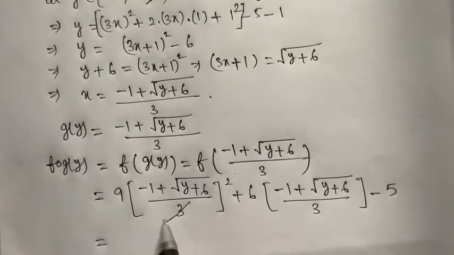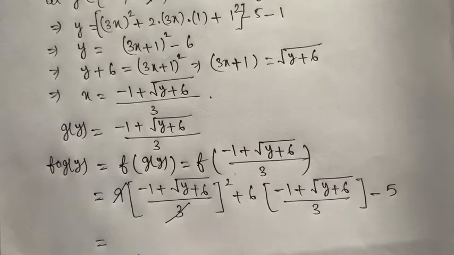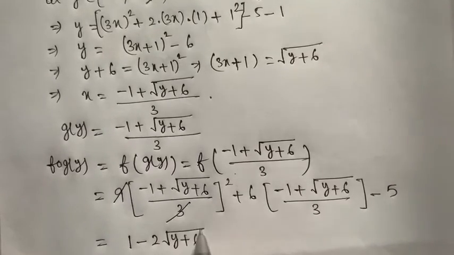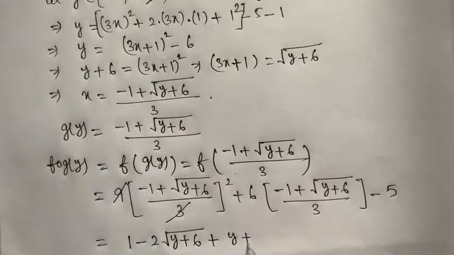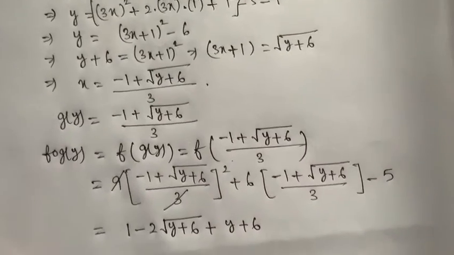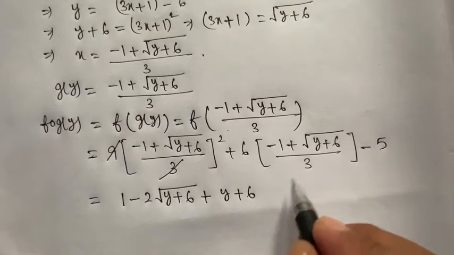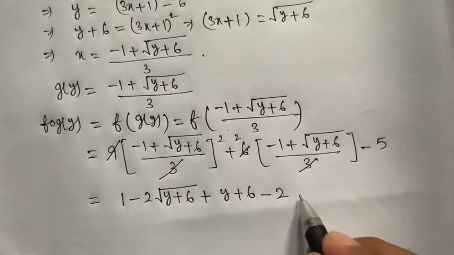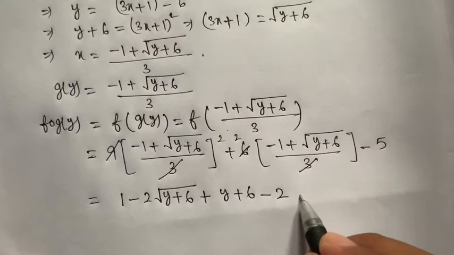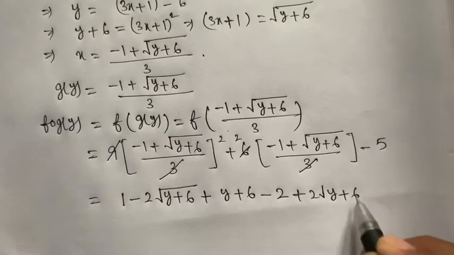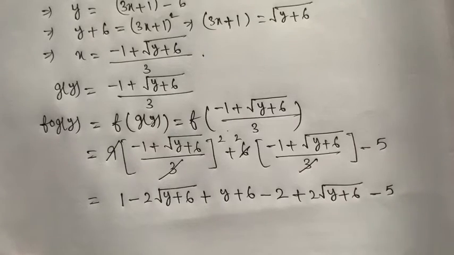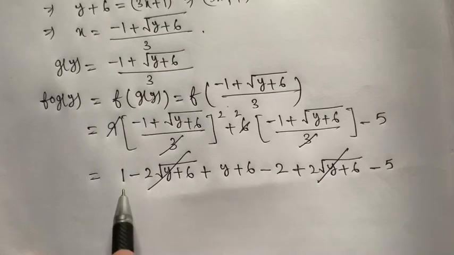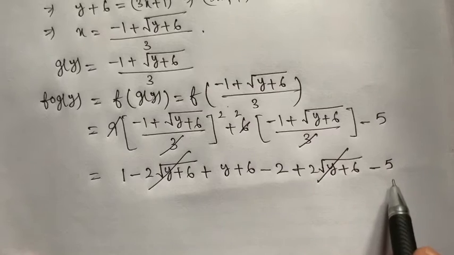So it will be 3 square and 9 will cancel, and 1 minus 2 root under of y plus 6 plus y plus 6, since root under y plus 6 whole square will give us y plus 6 there. 3 twos are 6. Now when we multiply 2 with minus 1, it will give us minus 2. Then it will be 2 root under of y plus 6, and then minus 5 will be there, and we can see these two will be cancelled out. 6 plus 1 is 7, minus 5 minus 2 will be 7.